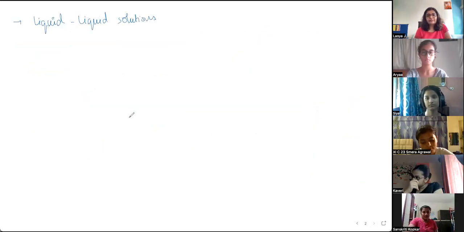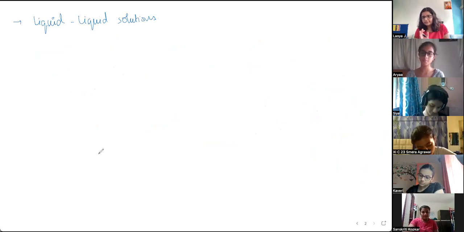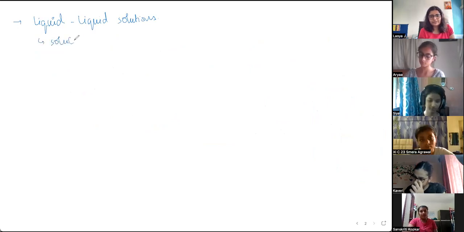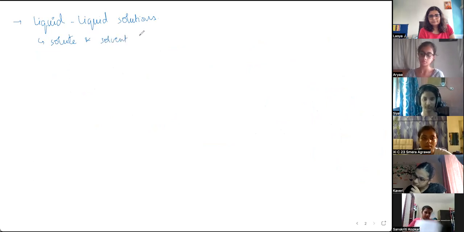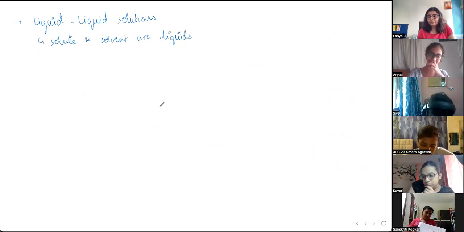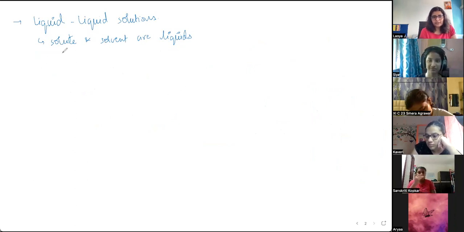All right. Liquid solutions means you're putting a second liquid into a liquid, so both solute and solvent are liquids. Now what do you think will happen to the vapor pressure? One thing is there for sure.